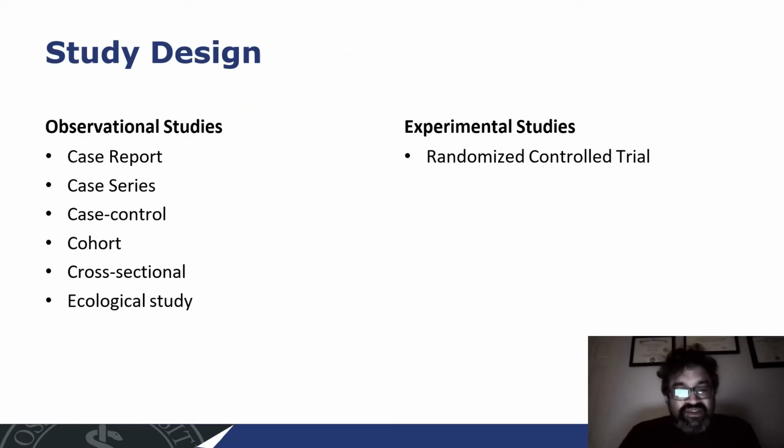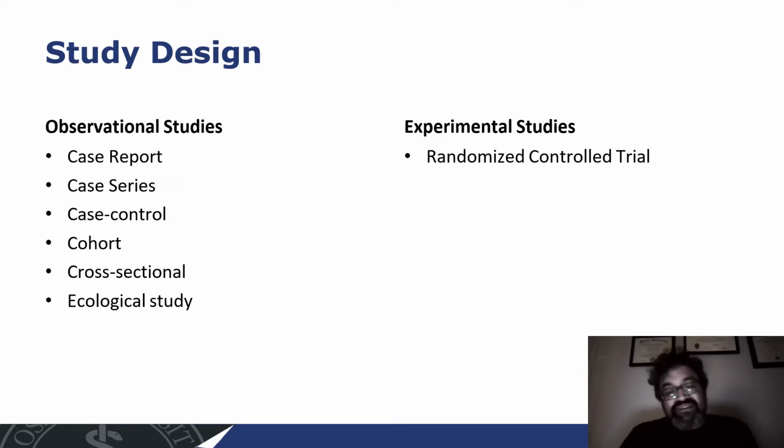So observational studies come in many flavors. There's case report, case series, case control, cohort, cross-sectional, and ecological studies. What I'll tell you about this is that in ecological studies, the unit of analysis is the population.